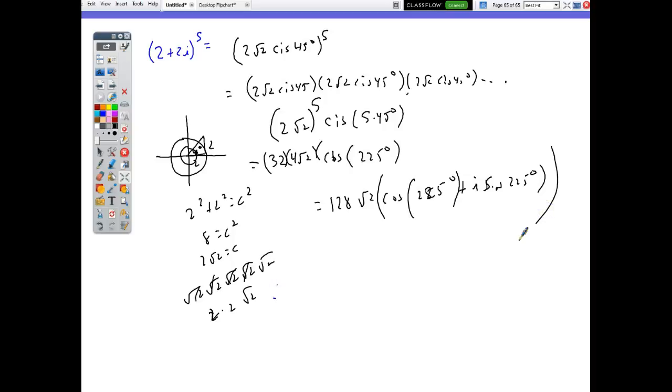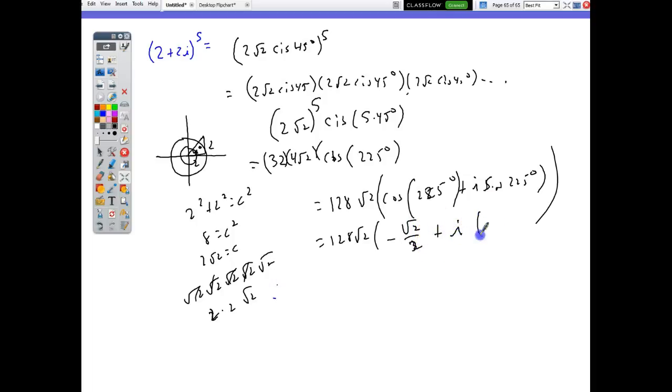So then I got 128 root 2. What's cosine of 225? Root 2 over 2, but we're in the third quadrant, so it's going to be negative. Agreed? Plus i, what is sine of 225?